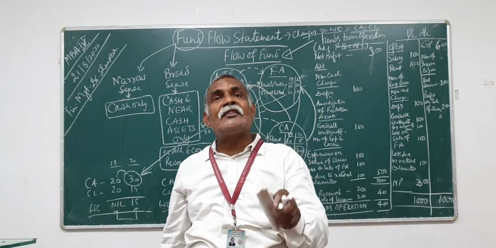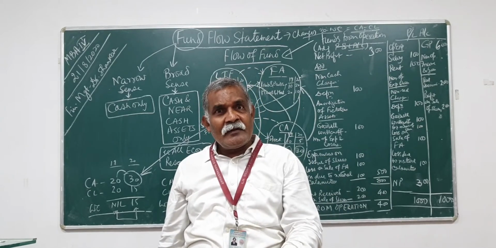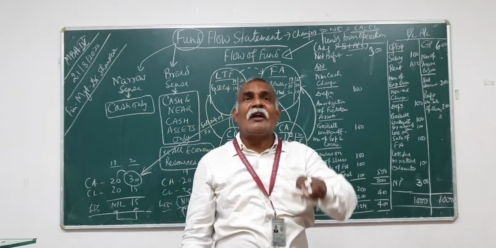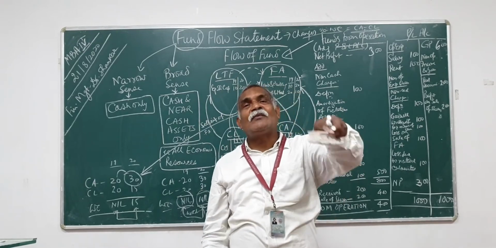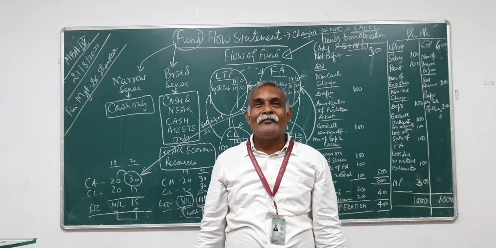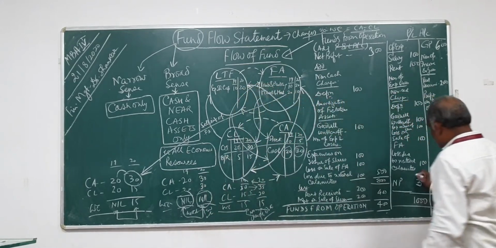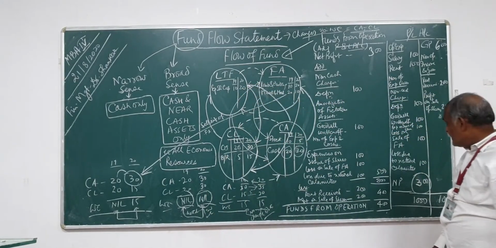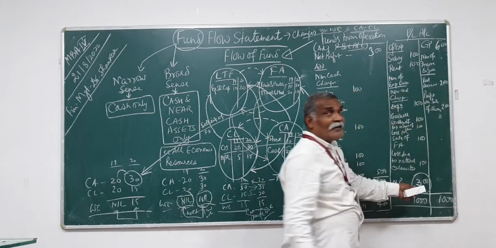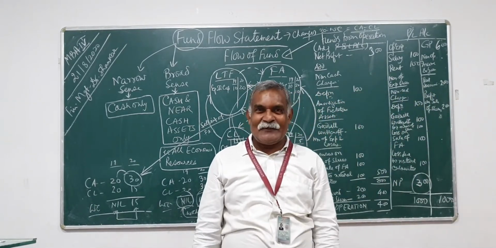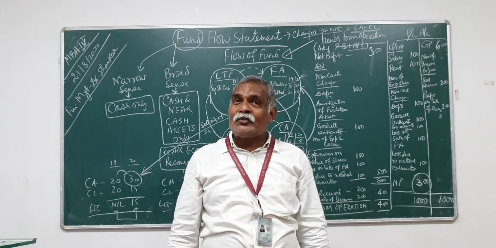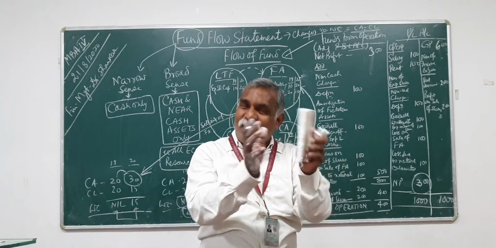And in the profit and loss account which we prepare, we are considering operating as well as non-operating both. So the net profit which we calculate from the P&L account is not the real funds from operations. So there is need of some adjustment.